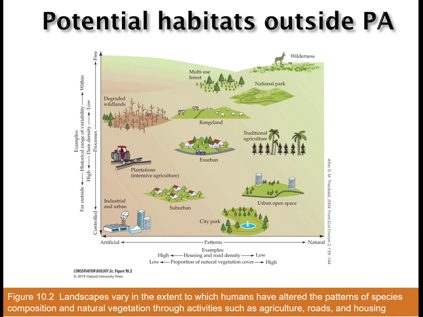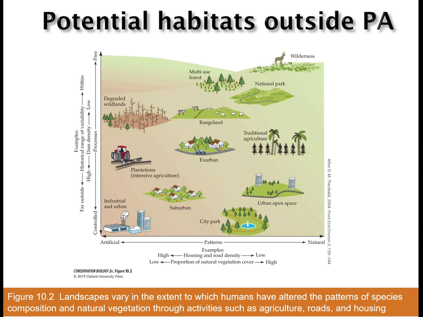So landscapes that humans have a footprint in really have various patterns of species composition and impacts to those lands through our various activities: agriculture, housing, urban developments, industrial developments, etc. And we can control those activities to some extent and try to evaluate which ones are really going to be best suited for which species.